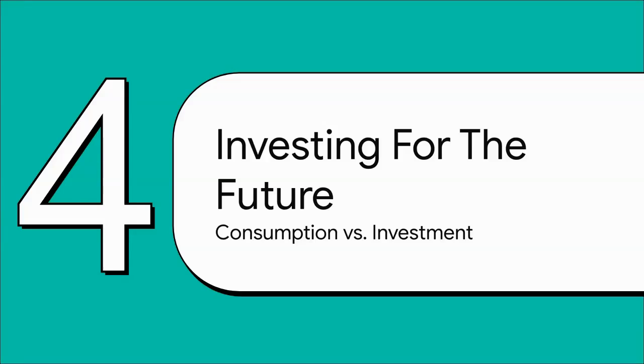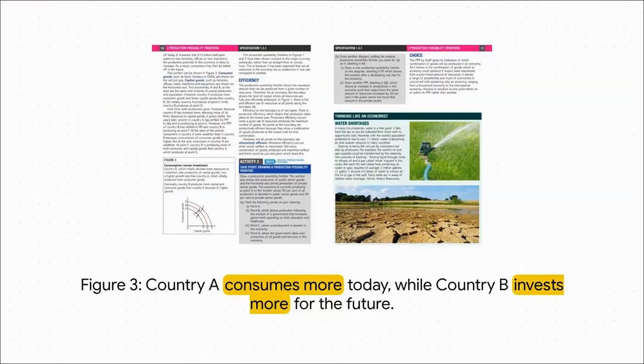And all of this leads us to the final, and maybe the most important, choice an economy has to make. It's a decision that really determines whether that frontier is going to grow or just stay put. So here, the choice isn't between two different products like cars and butter.